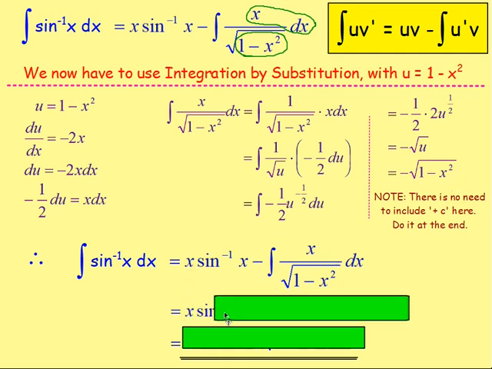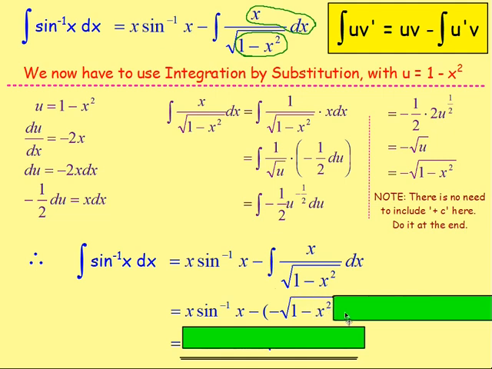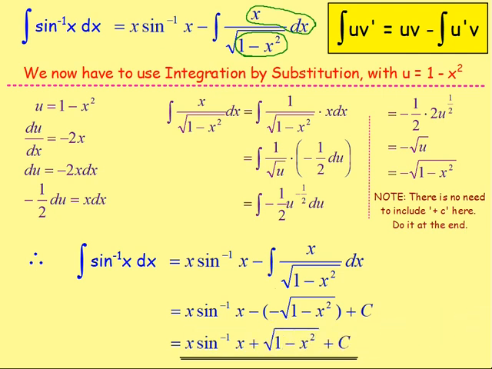Therefore, you will have x sine to the minus 1 of x, take away, and then this part becomes negative square root of 1 minus x squared. And obviously here, you would include your plus c. Perfect, because you are integrating this last part. And after that, you've got the two negatives here, so just write that as plus the square root of 1 minus x squared. And that will be your answer.